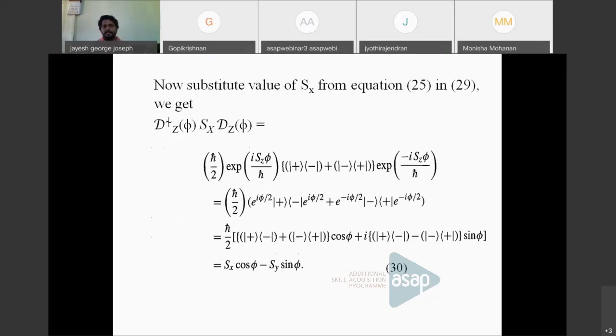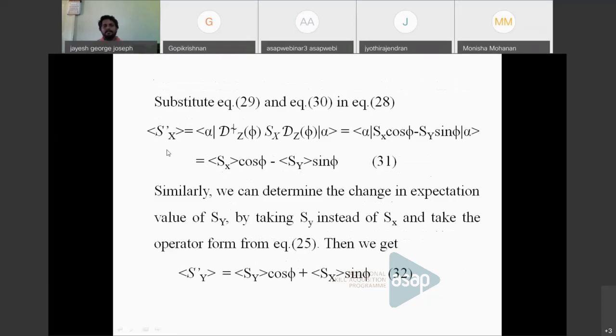This is the procedure, and we use the eigenstate of Sz. Therefore, Sz on the eigenstate gives h cross by 2. Therefore, that h cross will cancel, and the remaining is e raised to i phi by 2. Then we rearrange and take the expansion of cosine and sine, and we get this quantity.